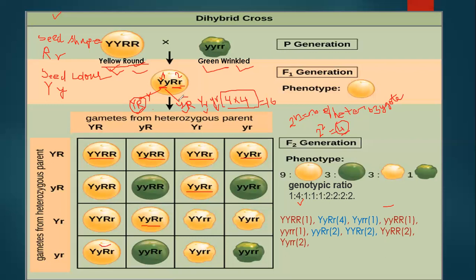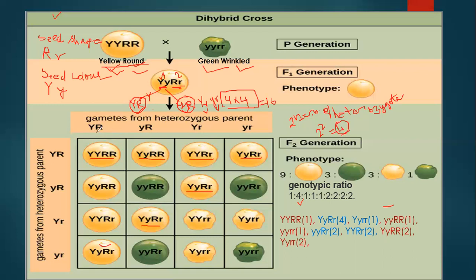If this is the second gametic cell, then again from both the traits the gene should come, but only one from each trait. It should not be two like in the offspring or in the parent. So this is a small y and this is capital R. Here again you have capital Y and small r.